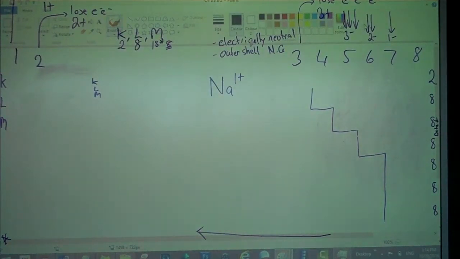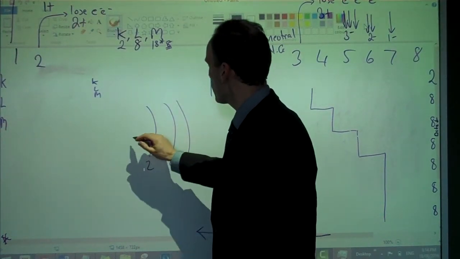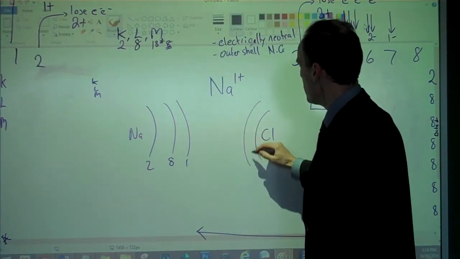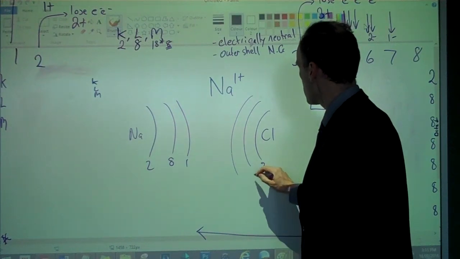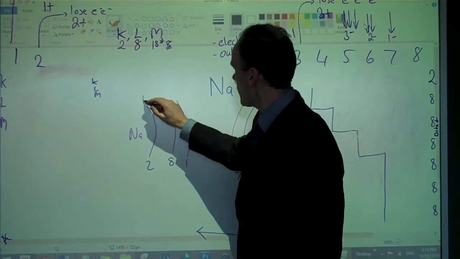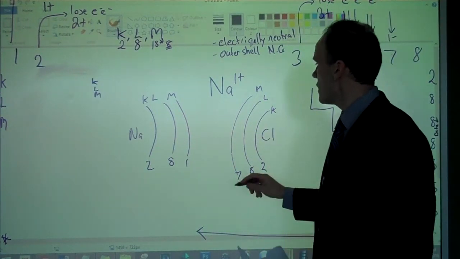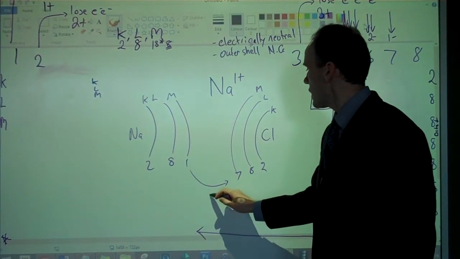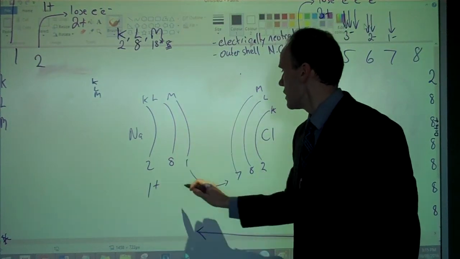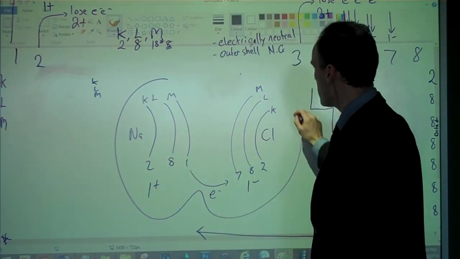So, sodium has a 2, 8, 1 electron configuration, and chlorine is another common example with an electron configuration of 2, 8, 7 for K, L, and M. So sodium is a metal, chlorine is a non-metal, and if an electron is transferred, sodium will gain a 1 plus charge, chlorine will gain a 1 minus charge.